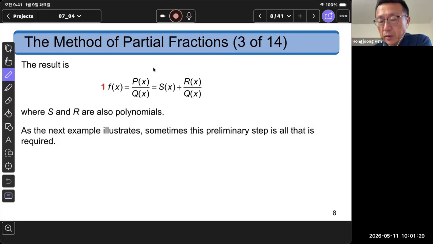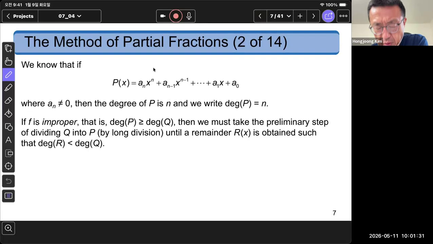Now, if the rational function is improper, that means the degree of the numerator is greater than or equal to the degree of the denominator, then we can perform the long division you considered in middle school days or high school days or elementary school days.